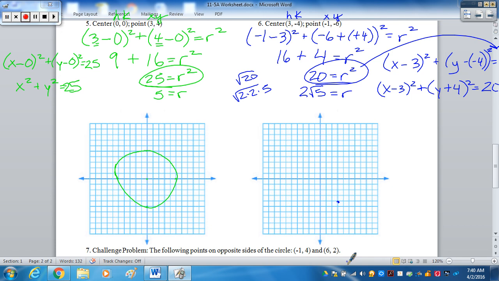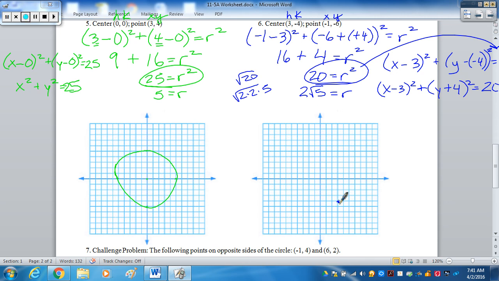And then I have, let me think here, 2 radical 5 is my radius. Now again, like the radical 10 on the front side, we need to plug 2 radical 5 into our calculator. We get approximately 4.5 as the radius length.